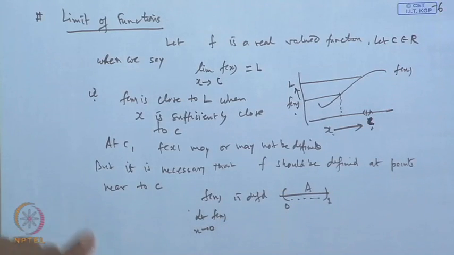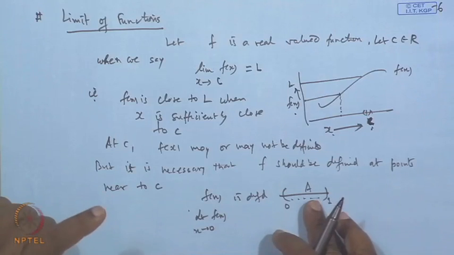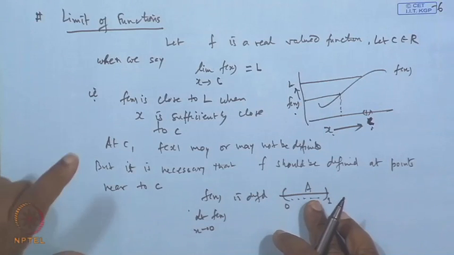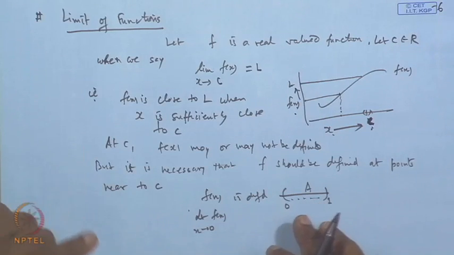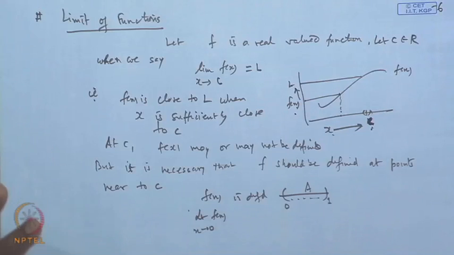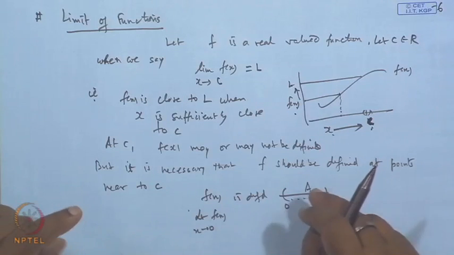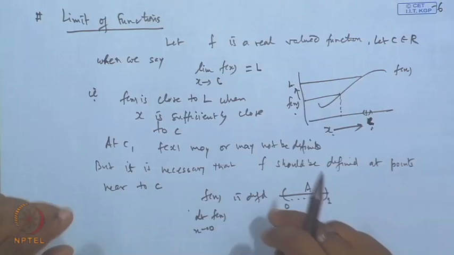So, what it says is the point c may or may not be a point of A, but even then the limit of f(x) is possible. We can ignore whether that point is in A or not.